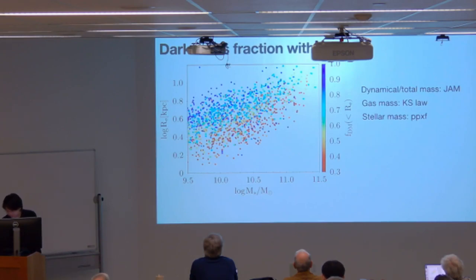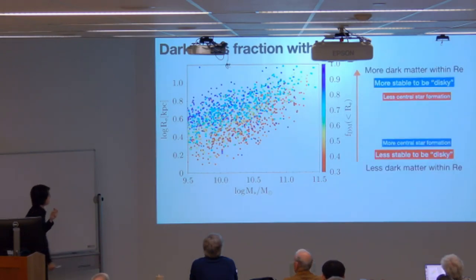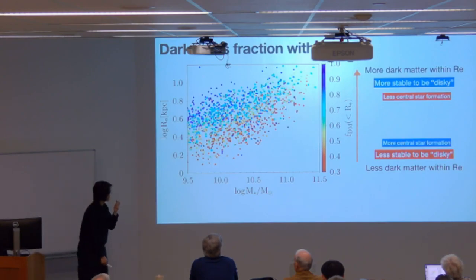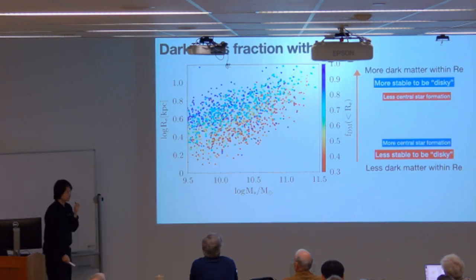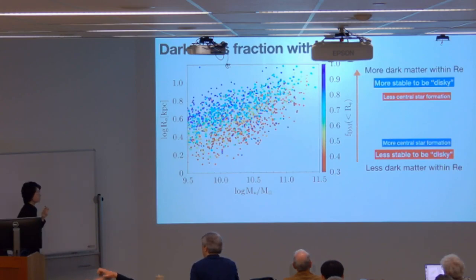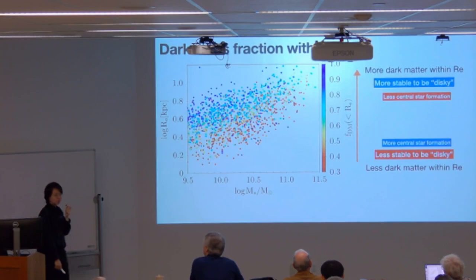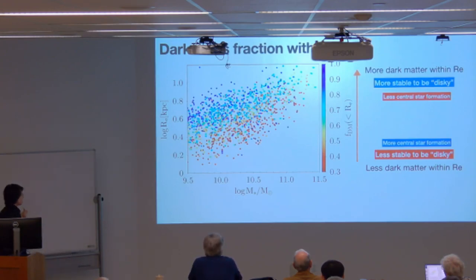You can see here it is clear that the bluer points mean higher dark matter fraction. So it seems that the larger galaxies also have more dark matter within the effective radius, while the smaller galaxies have a smaller dark matter fraction. So it is also consistent with the previous results.